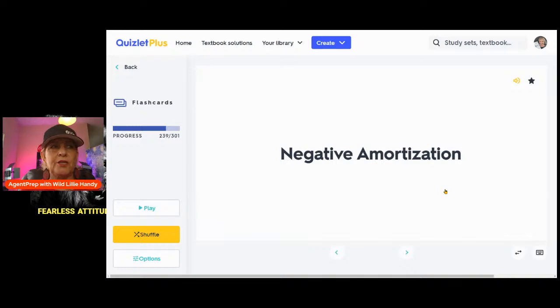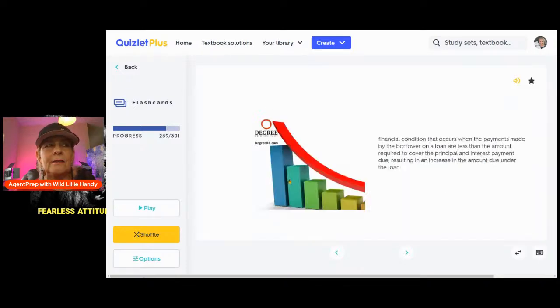Negative amortization. So amortization, right? What is amortization? Then this is negative amortization. See the downslope curve? So it's a financial condition that occurs when the payments made by the borrower on a loan are less than the amount required to cover the principal and interest payment due. So what happens there? It results in an increase in the amount due under the loan.